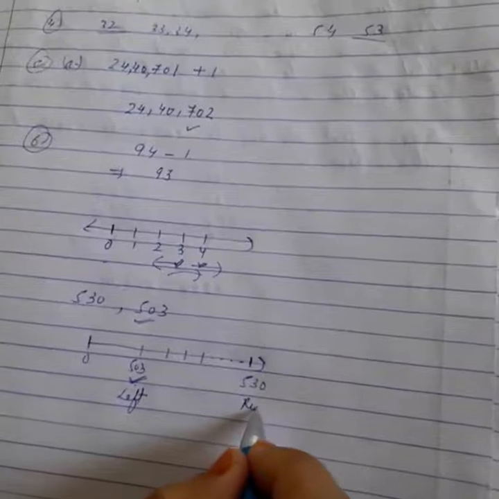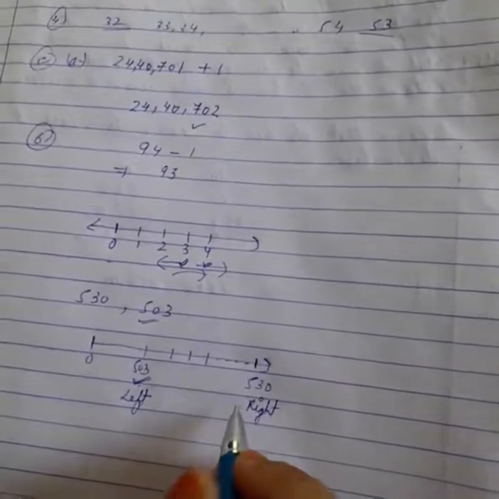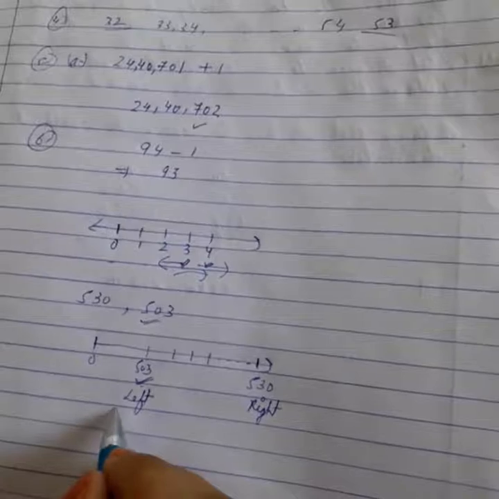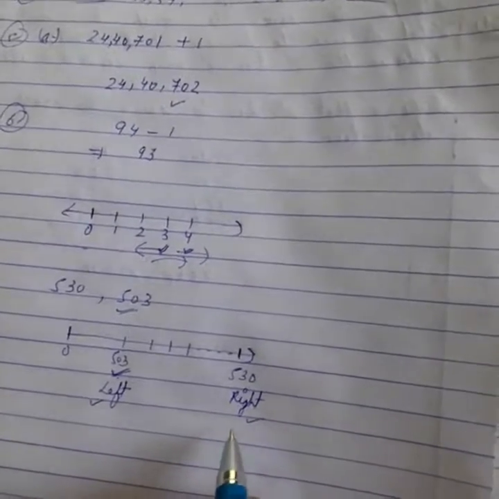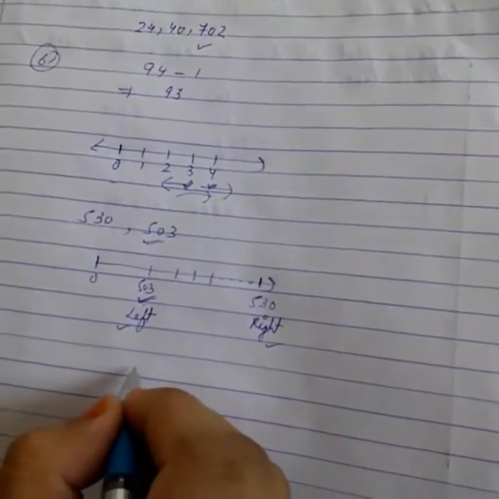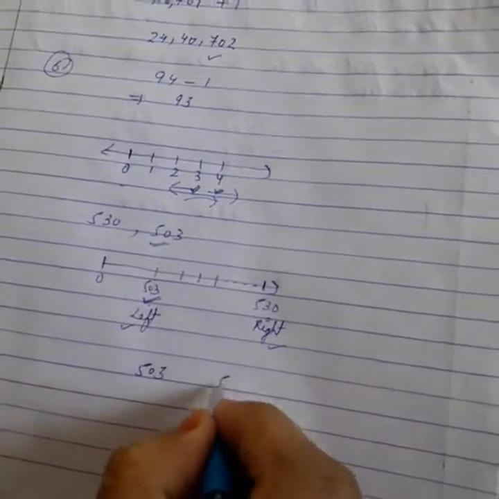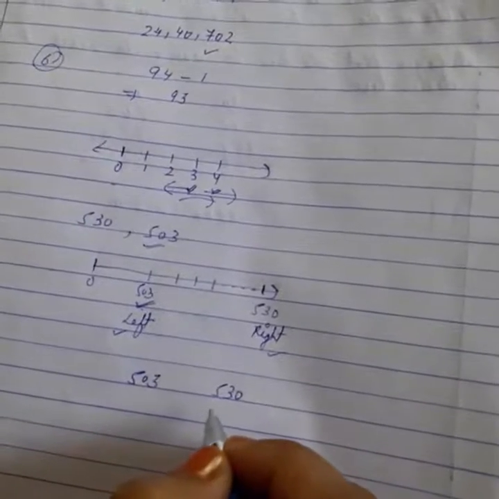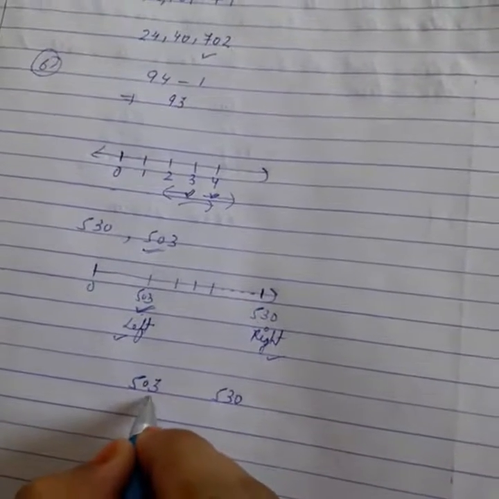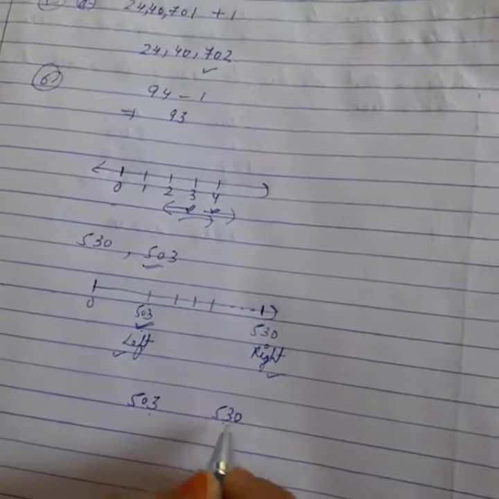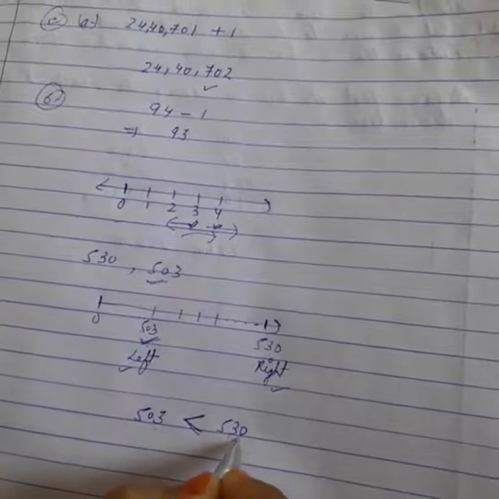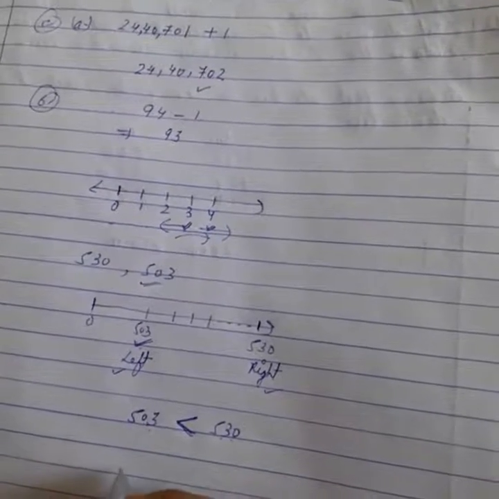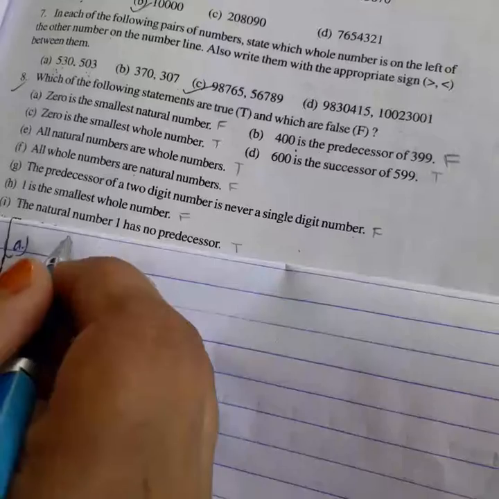And which is on the right hand side? 530. So smaller numbers will always come on the left hand side of the number line and the greater numbers on the right hand side. Since we know which one is smaller and which one is greater, we have to put the correct sign also as asked in the question. Which one is smaller? 503. And greater is 530. So we'll put a sign like this. This sign is open towards the greater number and closed towards the smaller number. So this way you can do the other parts also.